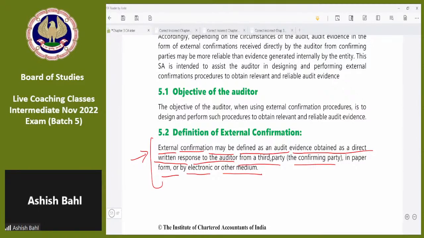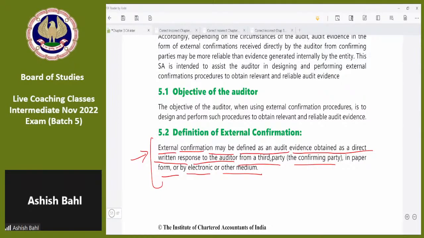When I am sending a request to a third party for confirming his balance in the books of the company, that third party is known as the confirming party, and he is giving me a written response. He may send me a mail or a letter by post, or by any other means. It is known as confirmation.